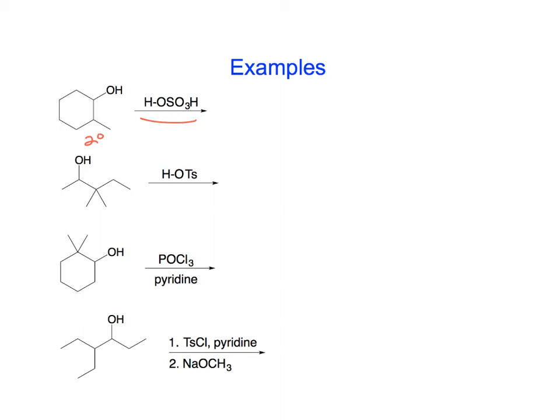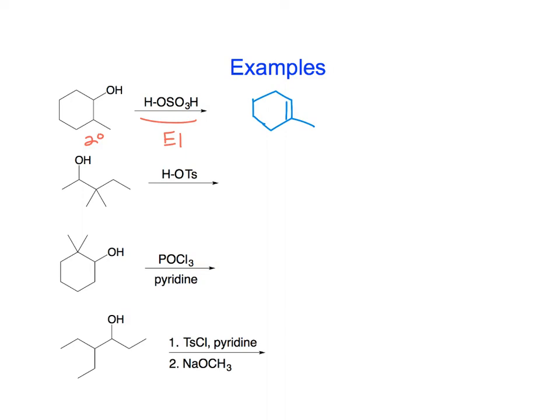It's secondary, so it should follow an E1 mechanism, right? And so once that carbocation forms, we will generate the most stable product. So this will eliminate towards the methyl group.